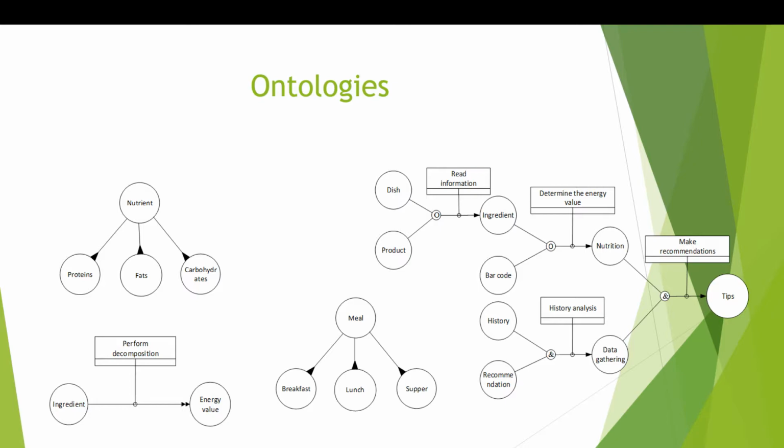In terms of the ontology section, we try to define the main properties and factors which are figured out in our system. For instance, here we show a diagram of the classification of nutrients. As you can see, organic nutrients are made up of proteins, fats, and carbohydrates.